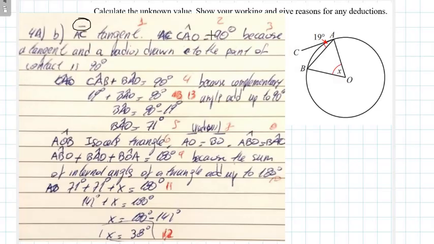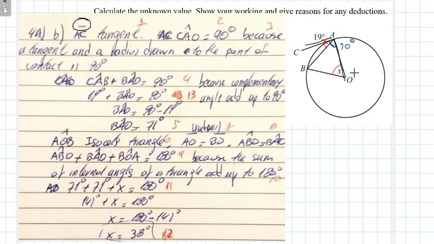AC is tangent. Since AC is tangent to the radius, angle CAO is 90 degrees. Why? Because a tangent and a radius drawn to the point of contact meet at 90 degrees.